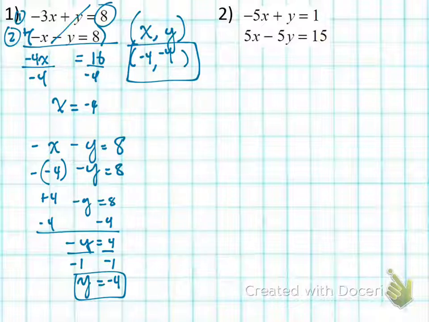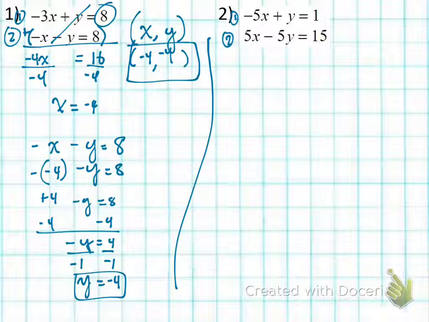Eyes up here. Always start by naming the equations, and then I always put parentheses around the second equation, along with a bar, like an addition, subtraction bar.